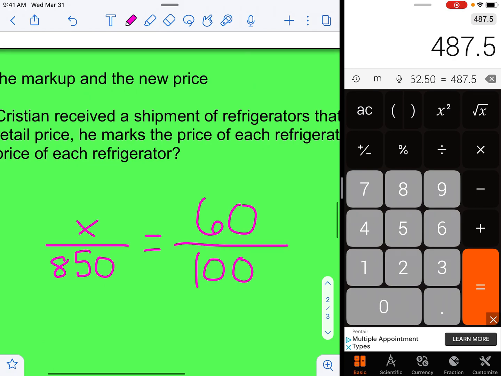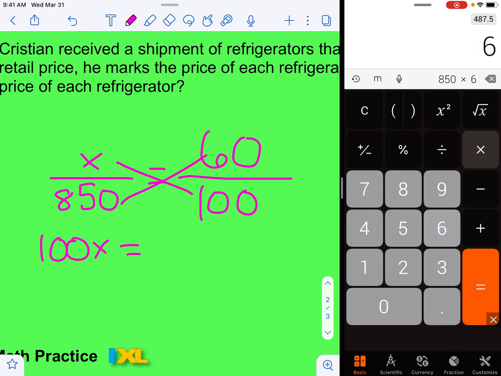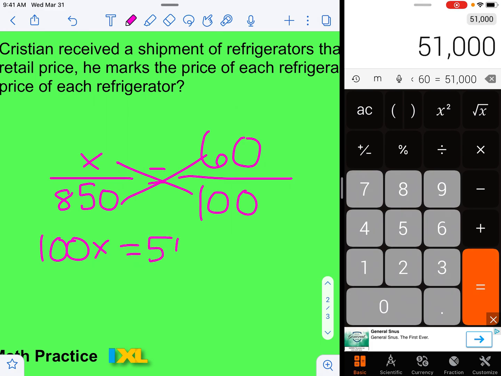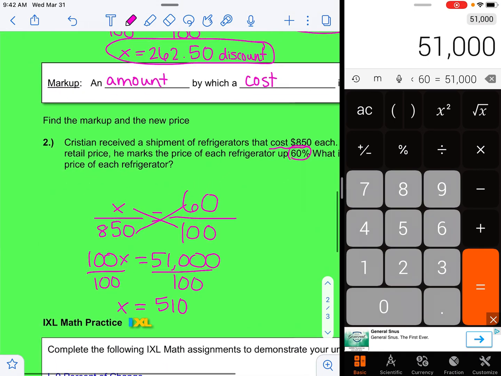So that's our x. Now we solve just like normal. X times 100 is 100x, and that's equal to 850 times 60, which is 51,000. Now we divide both sides by 100. So x equals 510.